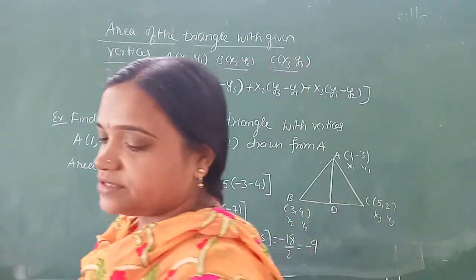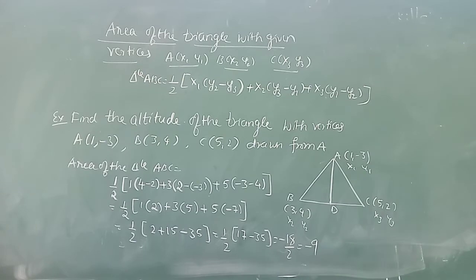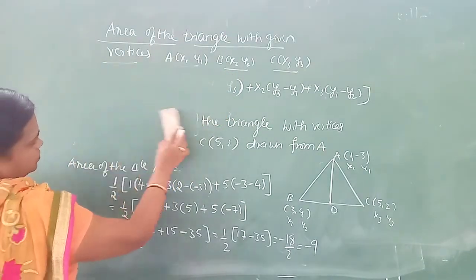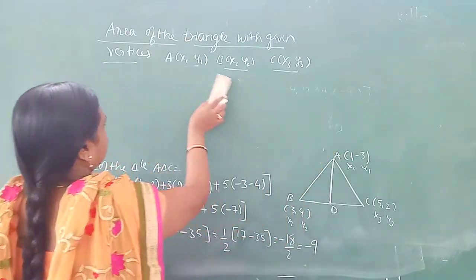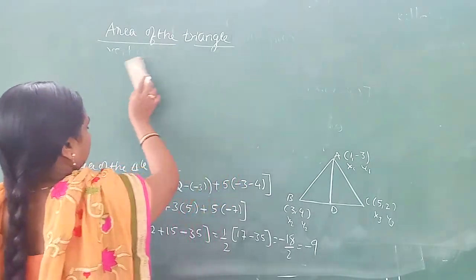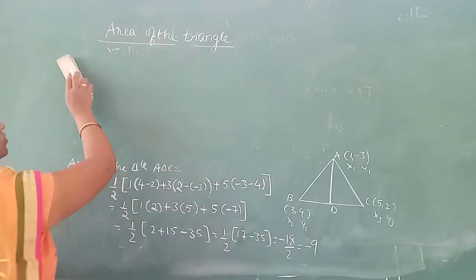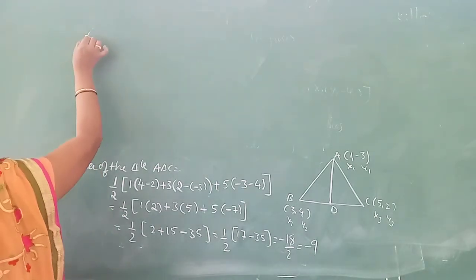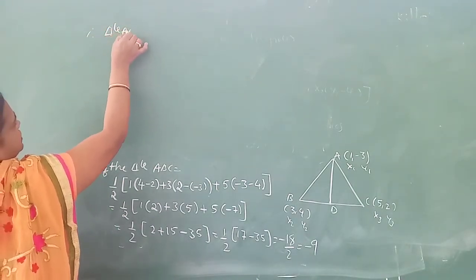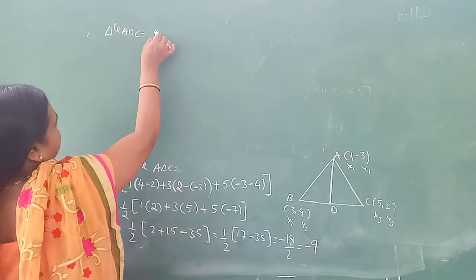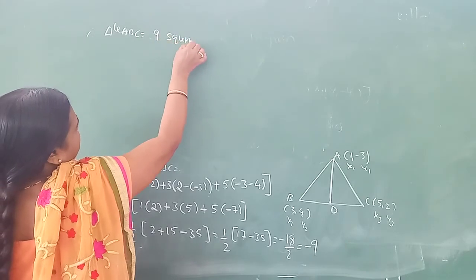Correct. We got the answer. Area of the triangle ABC is minus 9. Therefore, see, area we always consider as positive, so you can write this as 9 square units.